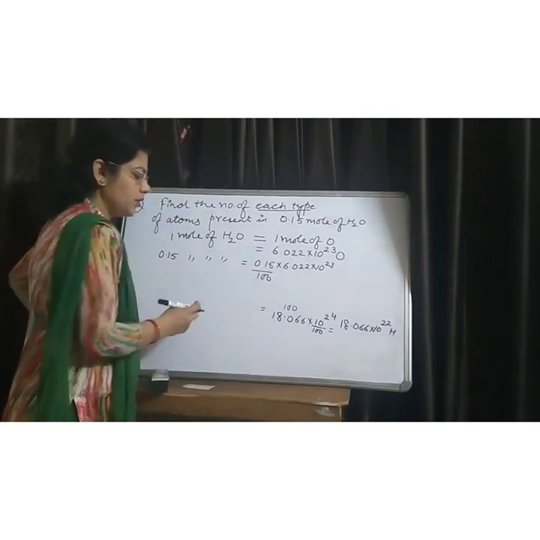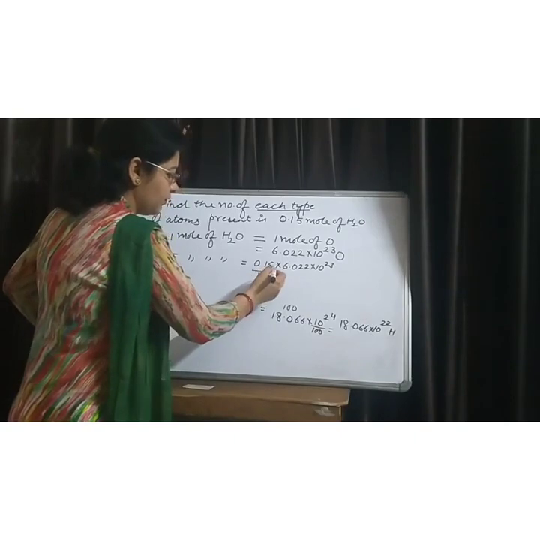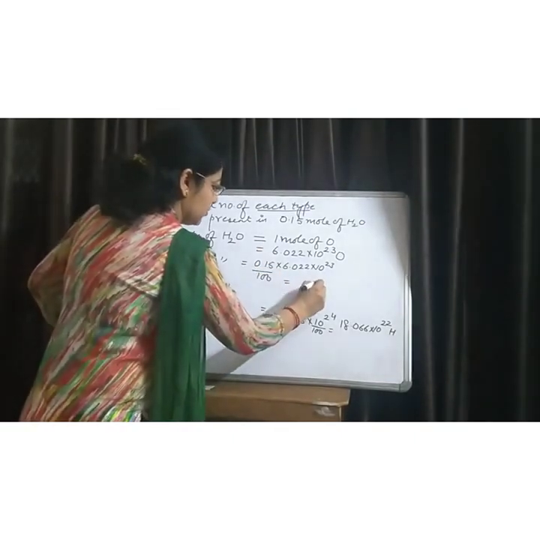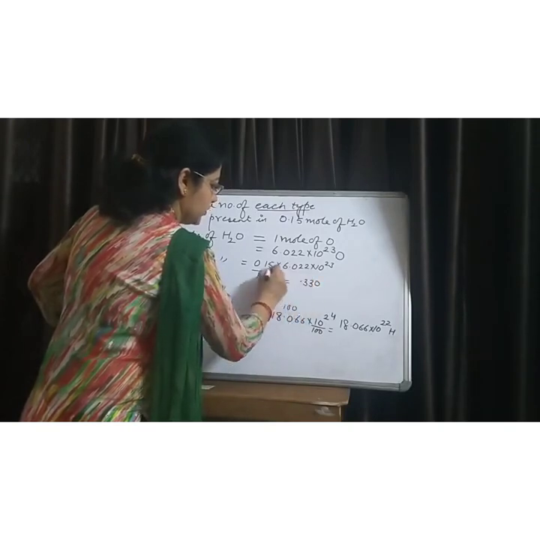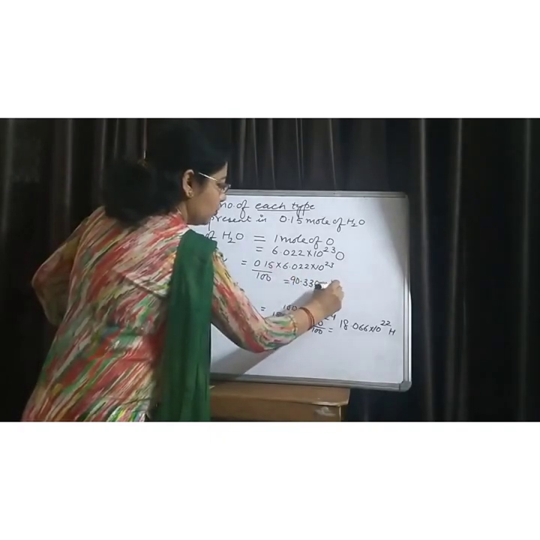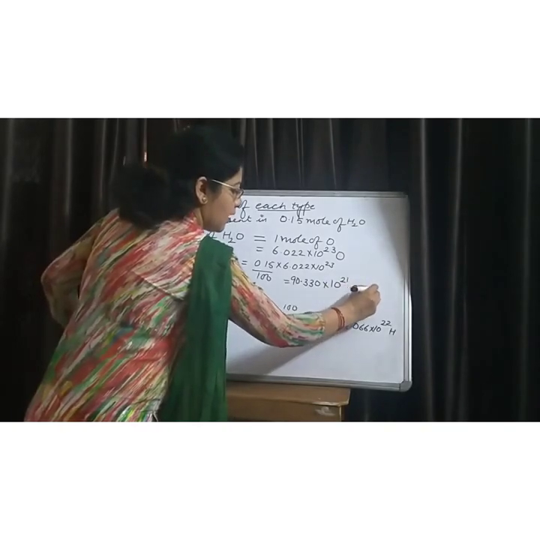It comes out to be, when we multiply it by 15, it comes out to be 90.330 into 10 raised to power 21 oxygen atoms.